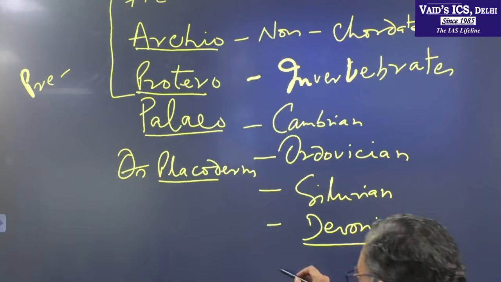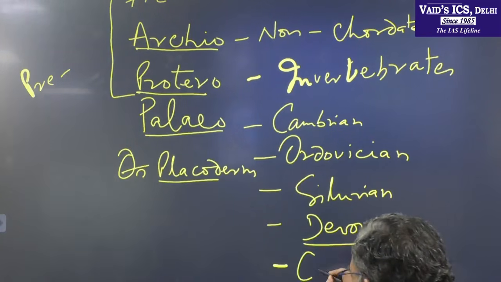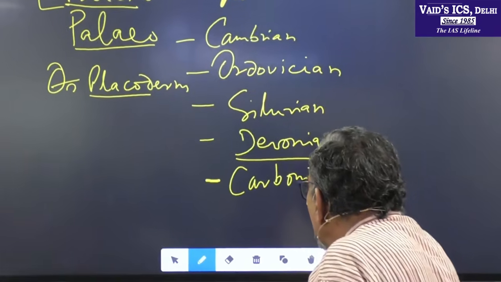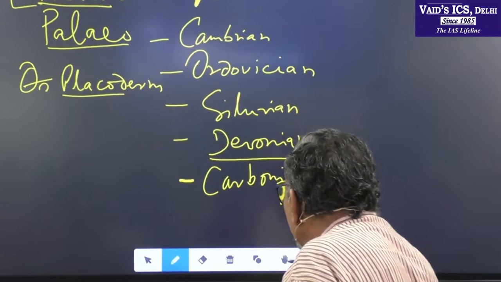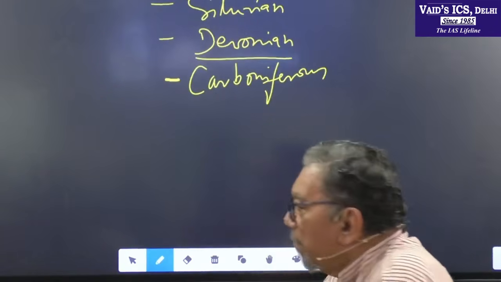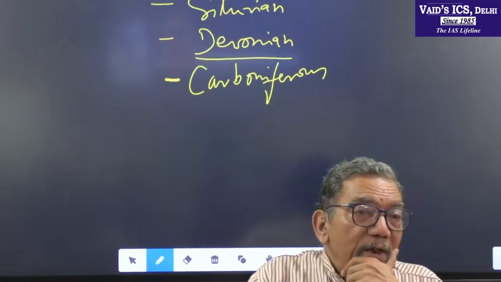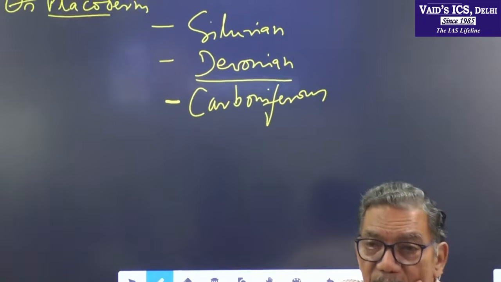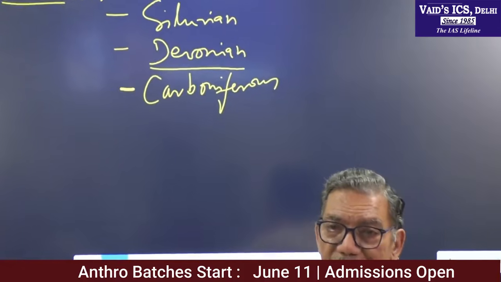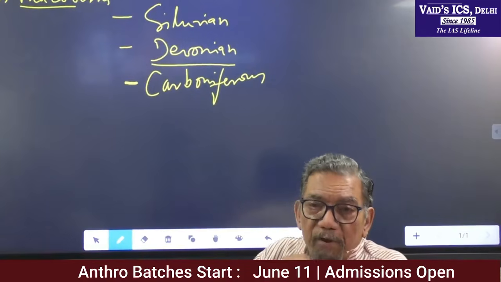Next was Carboniferous. As the name suggests, carbon. Plenty of jungles were there. They were buried. The coke we get today is the product of those trees.